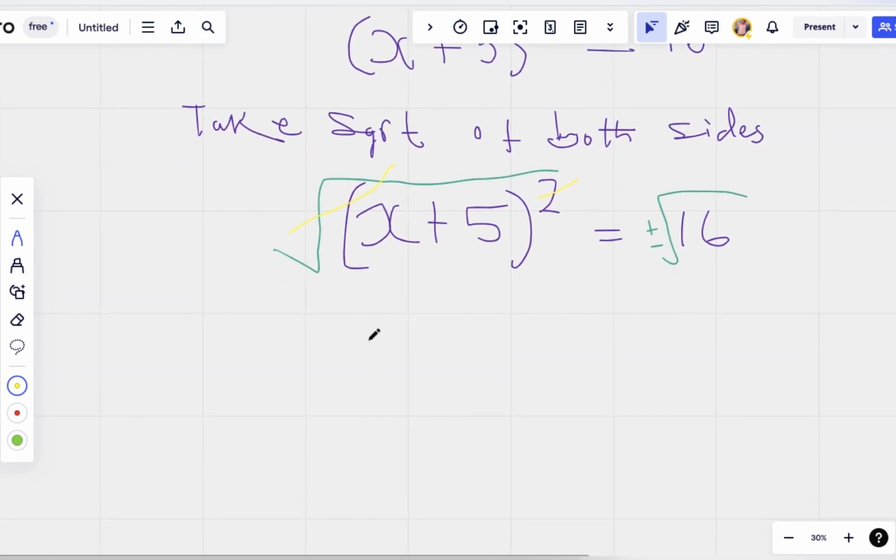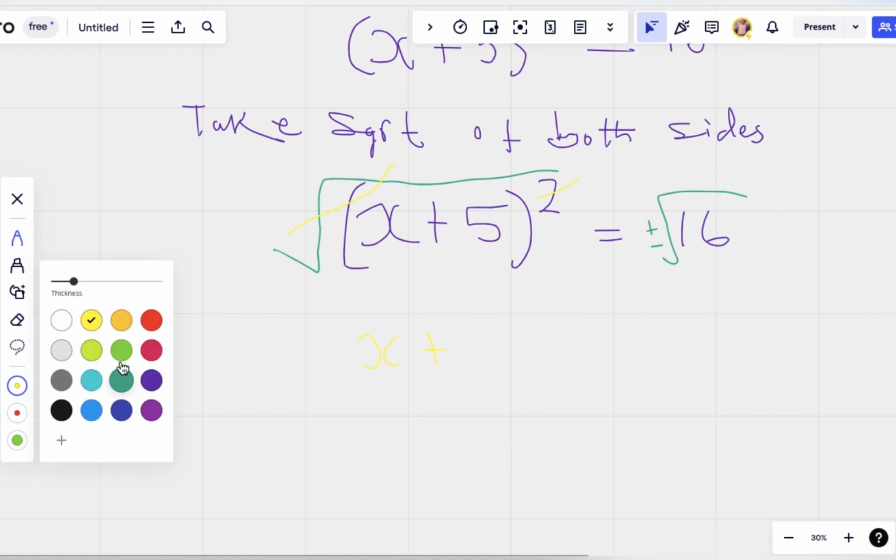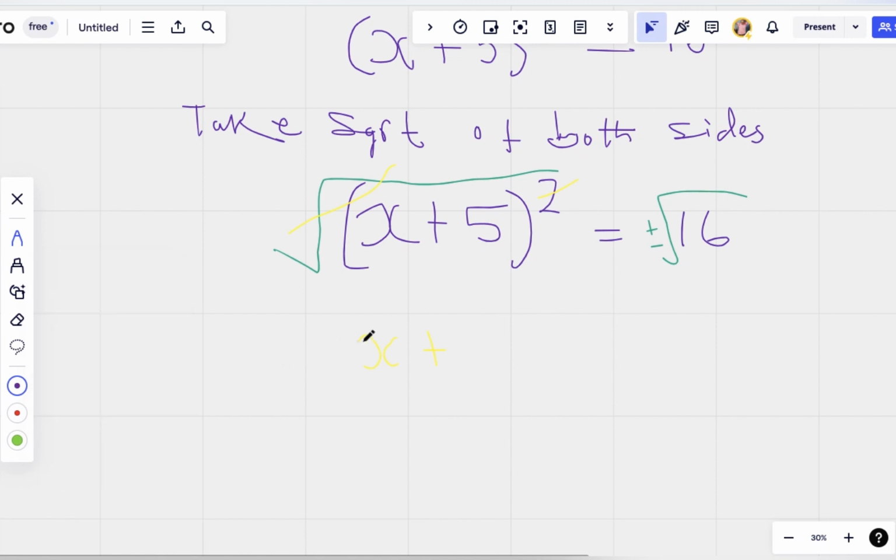Then we have x plus 5 left. Yellow is not conspicuous enough, let's change the color. We have x plus 5. Square root has cancelled the square. No more square root, no more square. Equal to, what's the square root of 16?